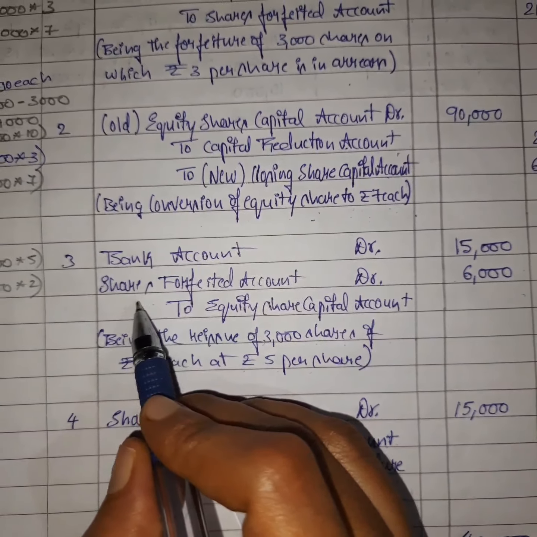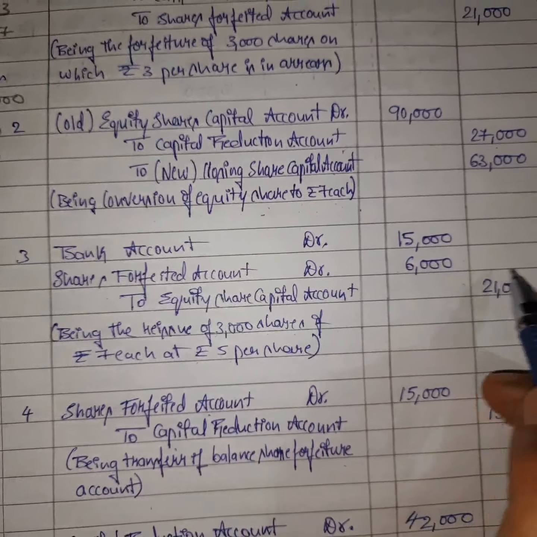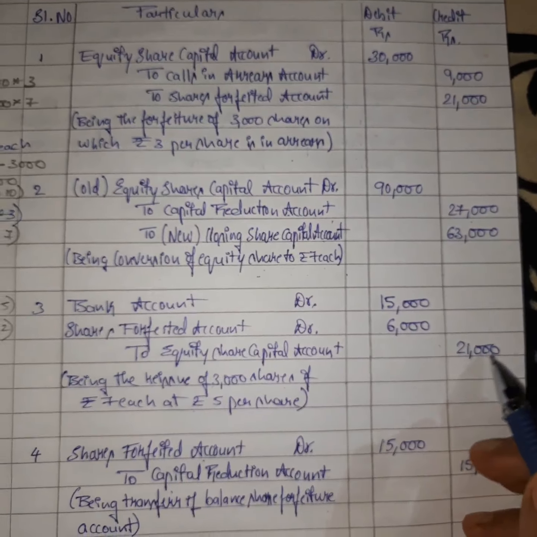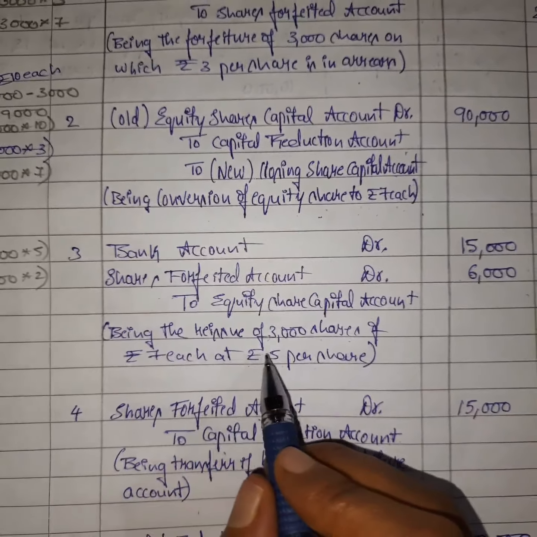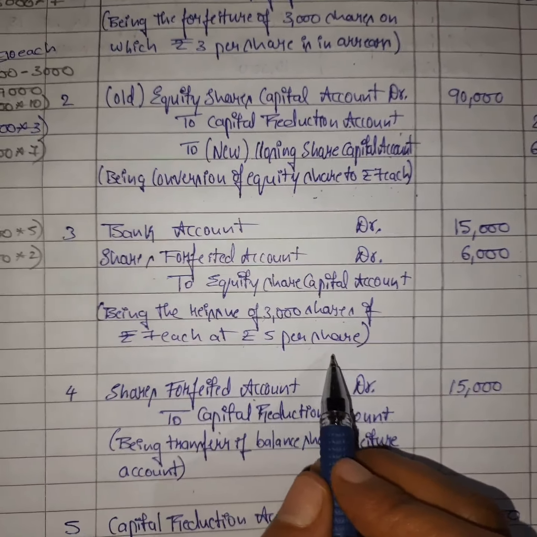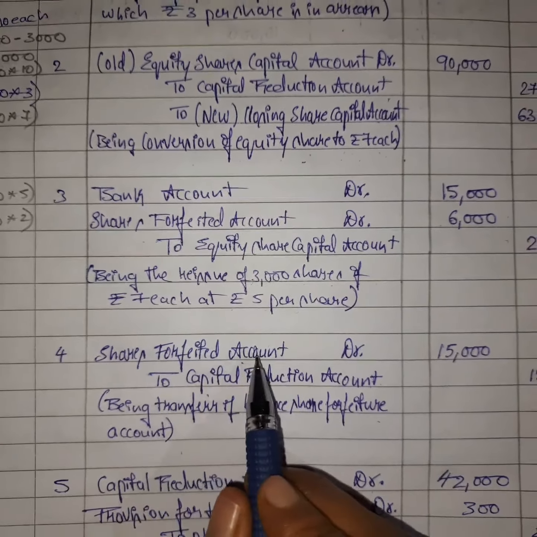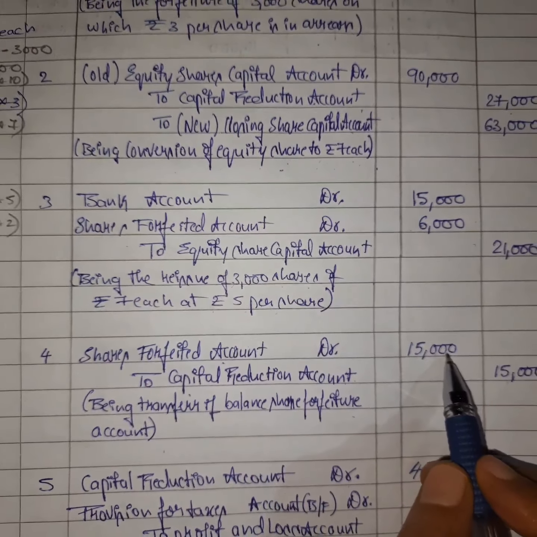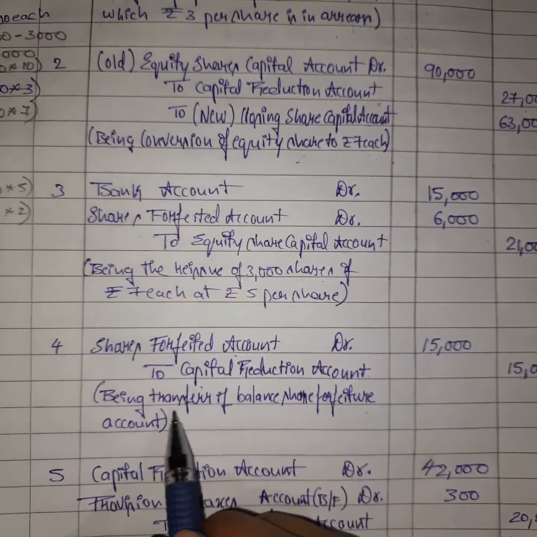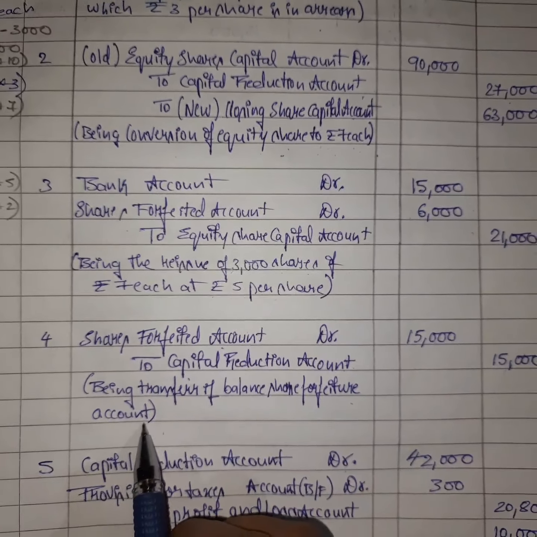You can mention it as shares forfeited account in debit side 6,000, to equity share capital account in the credit side you will be mentioning 21,000. Being the reissue of 3,000 shares of rupees 7 each at rupees 5 per share. Coming to next entry, shares forfeited account debit 15,000 to capital reduction account 15,000. Being transfer of balance in share forfeiture account.